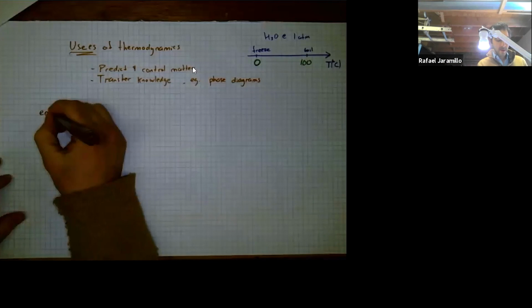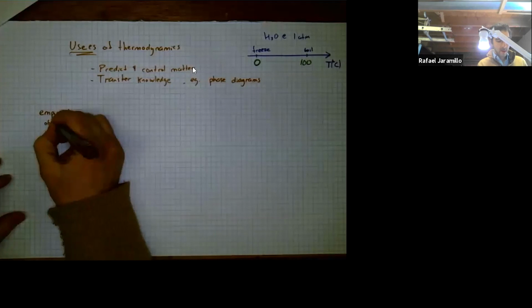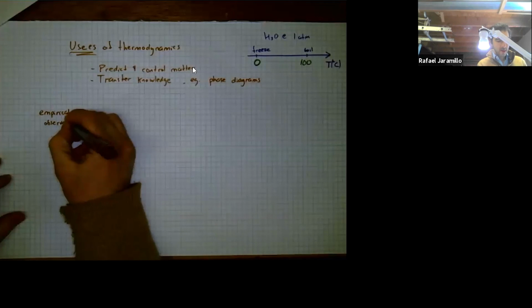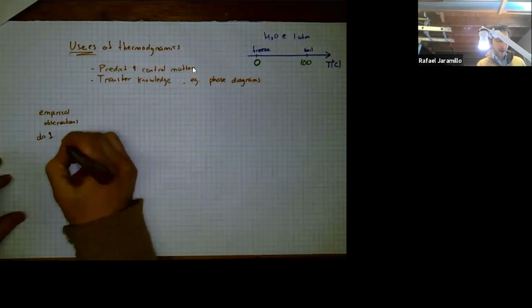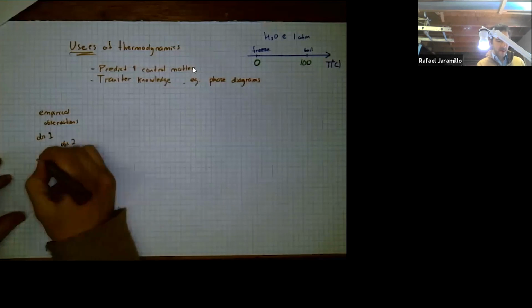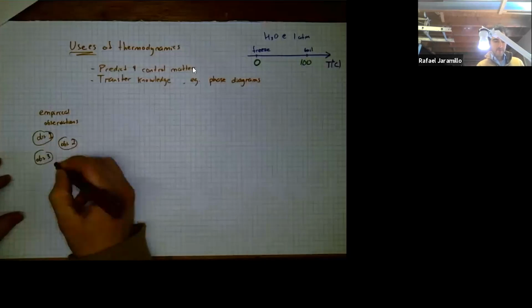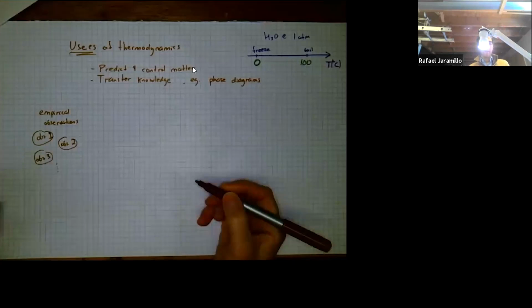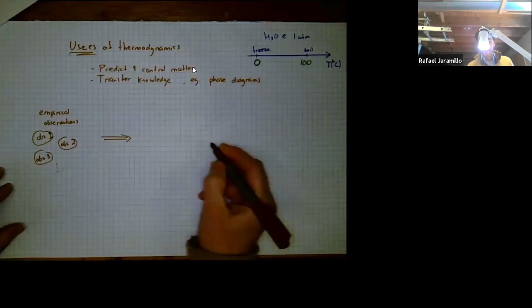Empirical observations, right, so it's a bunch of observations, observation 1, observation 2, observation 3, right? All these little pieces of data get fed into something called the laws of thermodynamics.